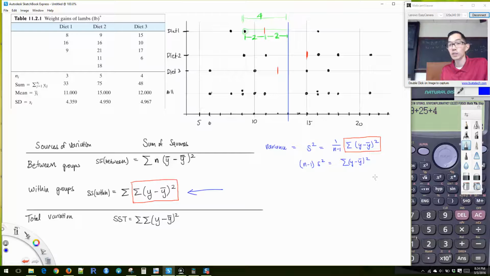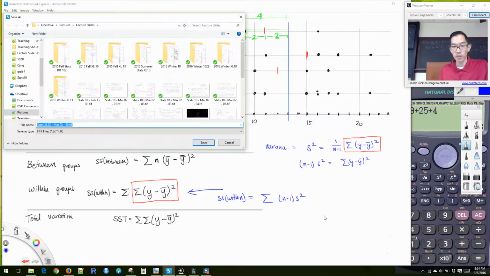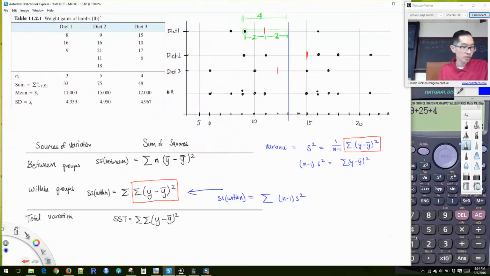And so my sum of squares within will often be written this way: n minus 1 times s squared. Let me just check the textbook.